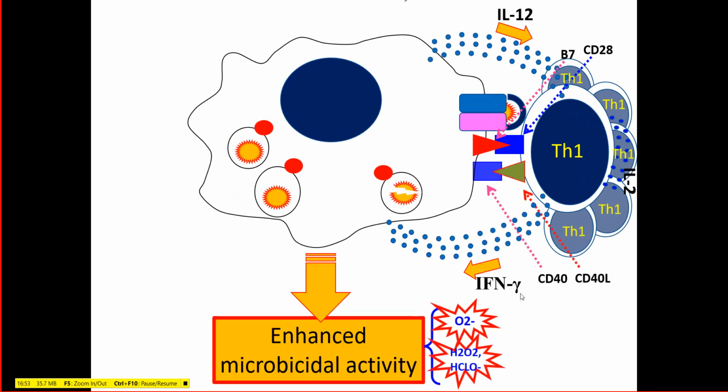All right. Enhanced microbicidal activity. Why? Because an enzyme gets activated inside, actually at the membrane of the phagolysosome, which produces superoxide. If that enzyme is deficient, the person develops a disease named CGD, chronic granulomatous disease.